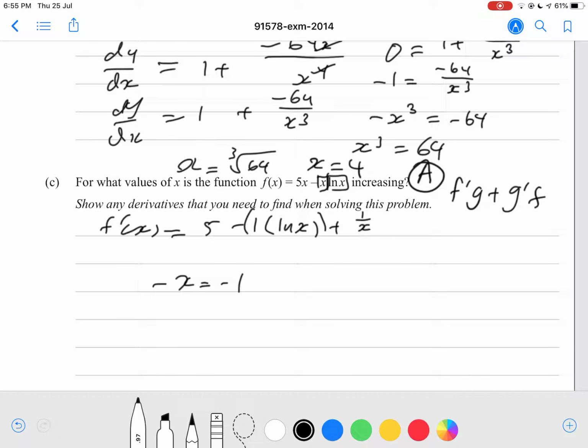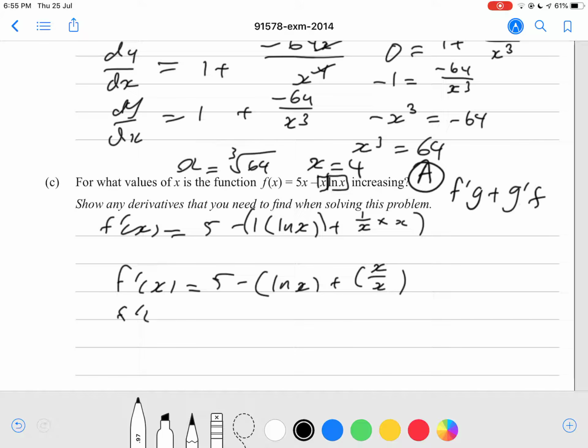So 1 over x times x. So therefore, f dash of x equals 5 minus ln of x plus x over x.